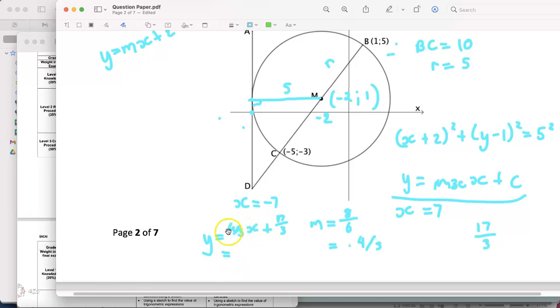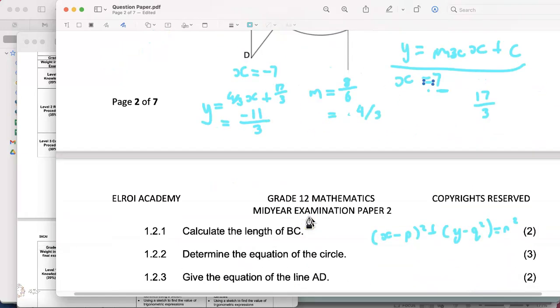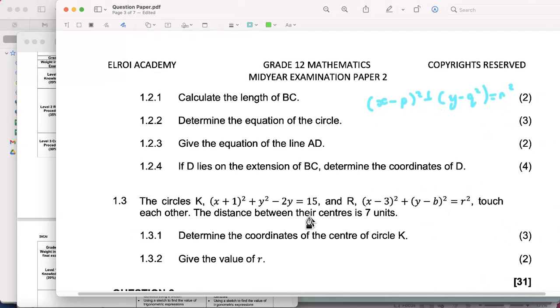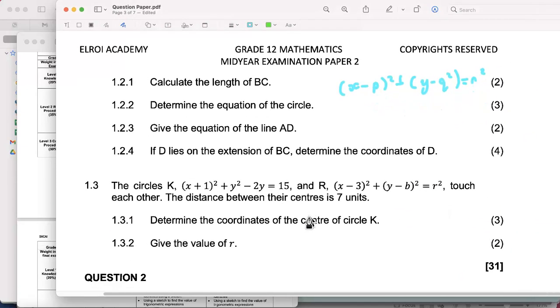So you get -7 times 4 is negative 28, plus 17, so that is negative 11 over 3. And that was the y value. So that's the coordinate there. It wasn't that complicated, but probably a level 3 question.